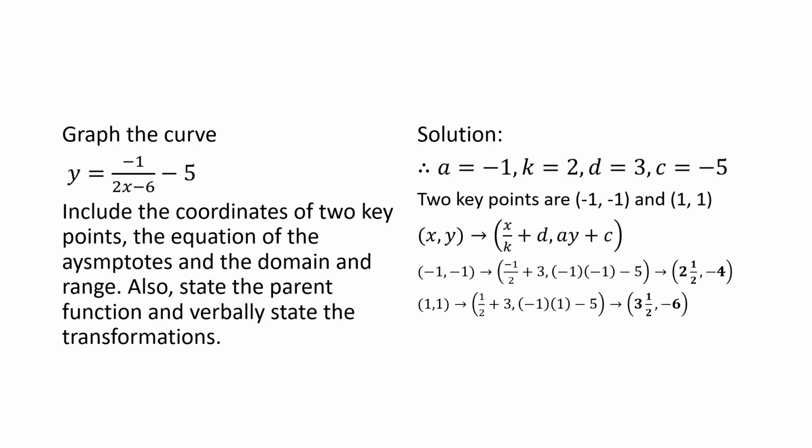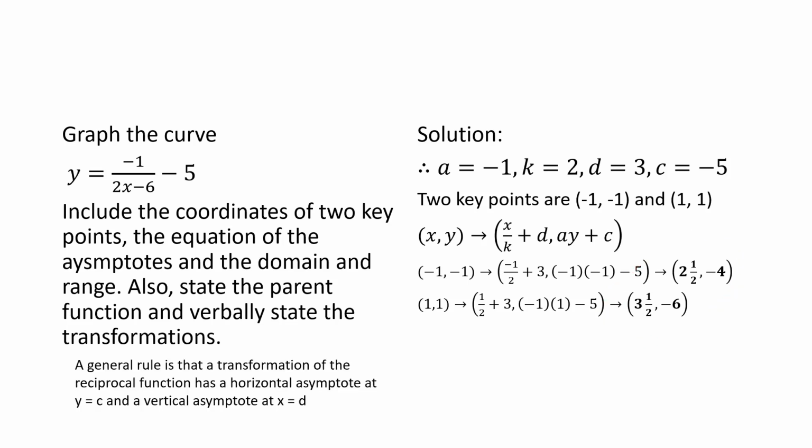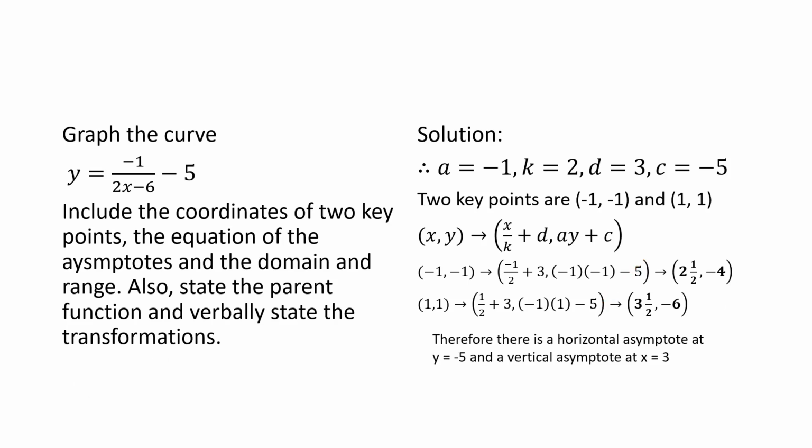When we do that, we get the points 2.5, -4, and 3.5, -6. All right, that's good to know. But we should also know that we're going to have a horizontal asymptote at y equals c and a vertical asymptote at x equals d. So we're going to have a horizontal asymptote at y equals -5 and a vertical asymptote at x equals 3.